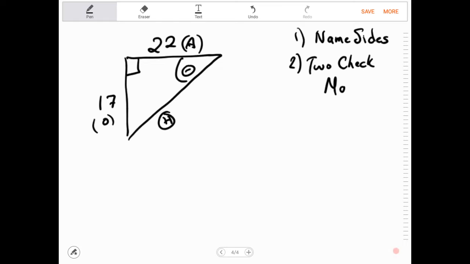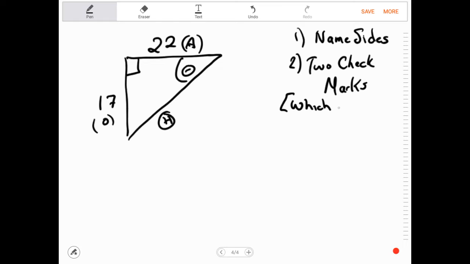Number two is the two check marks. Now, I know we're finding an angle, but nothing really has changed. The only maybe minor difference is, which two sides are we going to use to help us find our angle? We must have two sides. So I'm going to put that in English here.